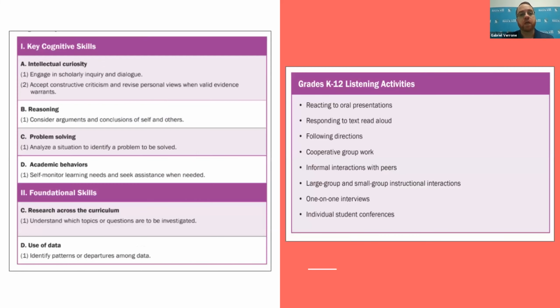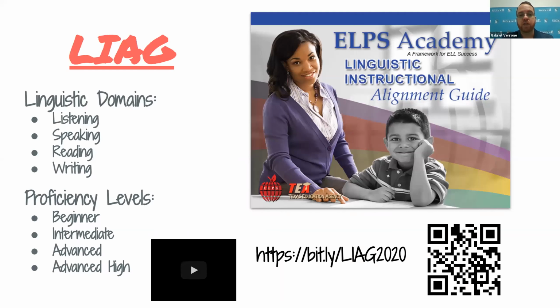So what I'm going to do is I'm going to give you 3 minutes to look at the LIAG for listening, pages 4 and 5. Take a look at the ELPS, take a look at the suggested best practices, and take a look at the recommended teacher behaviors, okay? And what I just want you to do, and I would like everyone to do this, please, just give me your one aha or your one, oh, I knew that, but this was a good reminder, and just drop it in the chat.